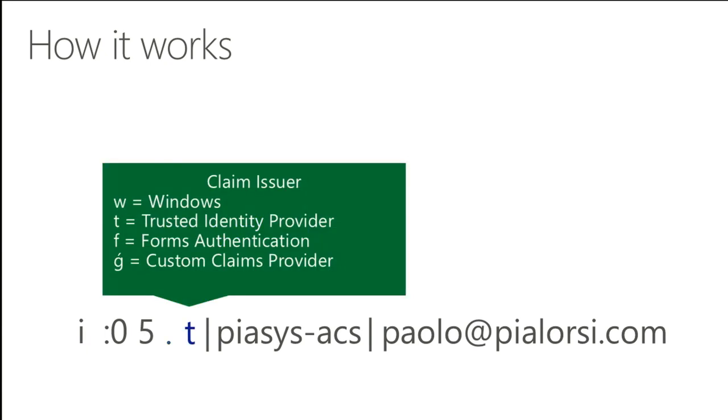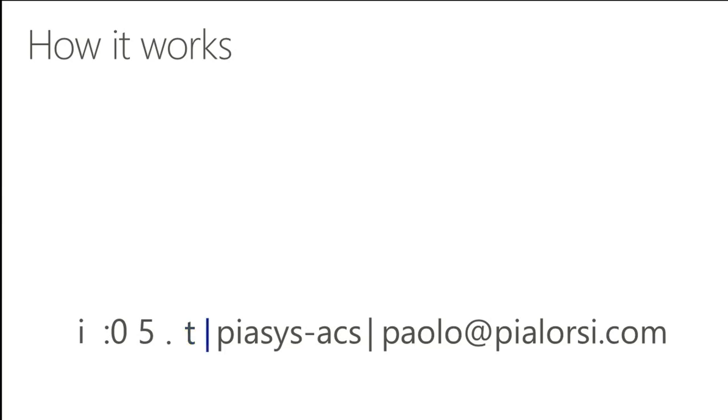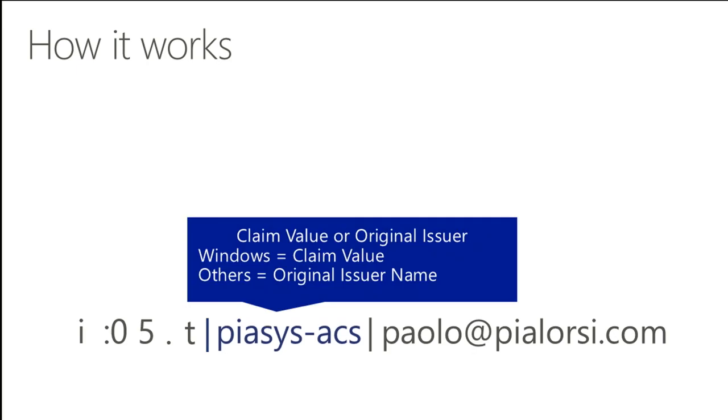Then we have the claim issuer. Those are some of the most useful claim issuers, like the Windows one, the trusted identity provider, the forms authentication, or a custom claim provider, which we will use later. And we have a separator. In case of a Windows-issued claim, so a claim issued by the Windows issuer, we will have the claim value directly after the separator, and no more information.